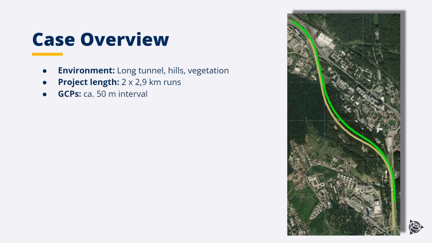We have ground control points in the tunnel roughly every 50 meters. That's good because we could test different intervals of p-fixes. We didn't really use all of them, but it was useful for us to analyze the behavior here. One main factor here is that our base station was roughly 90 kilometers away, which is way too much.